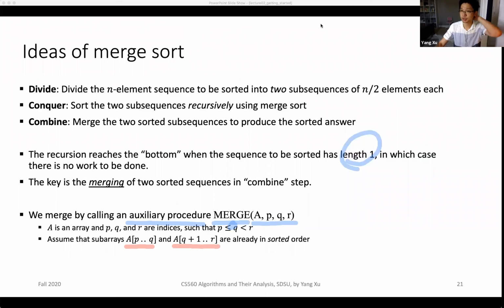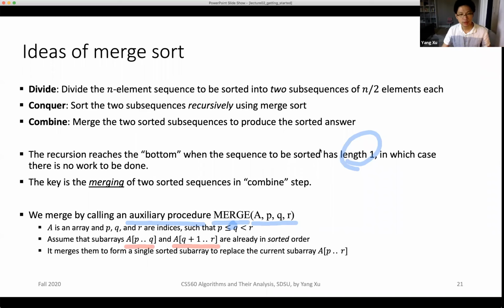That's the assumption of the combining step: we assume that the two subproblems are already solved. What this procedure does is form a single sorted sub-array to replace the current sub-array from P to R. So after the procedure is called, everything between P and R is in sorted order. That's basically what this procedure will achieve.